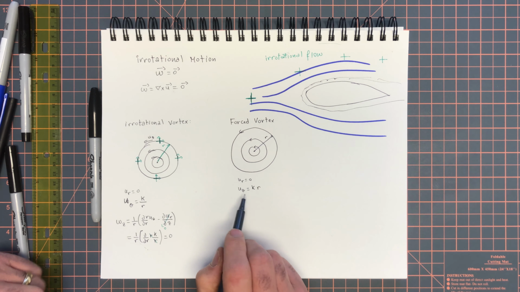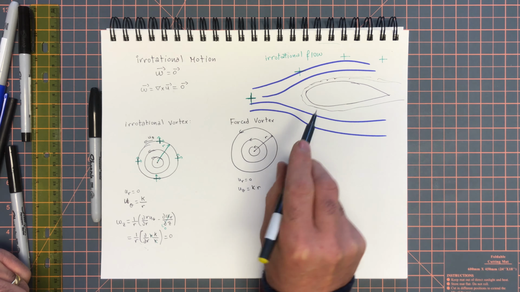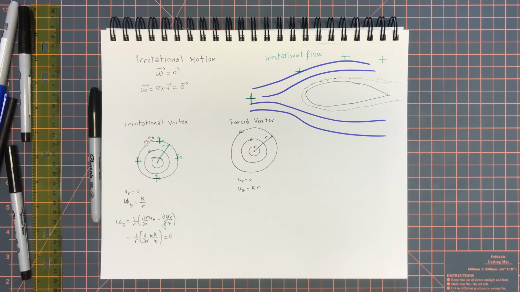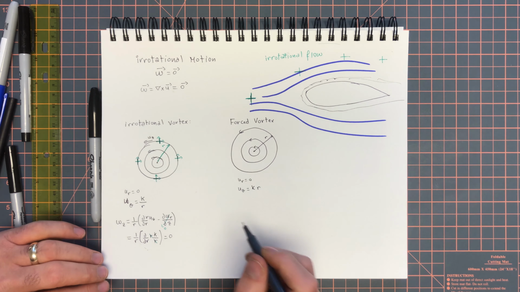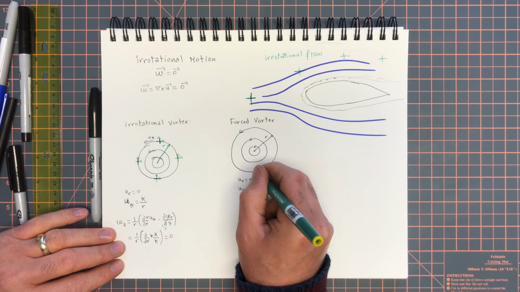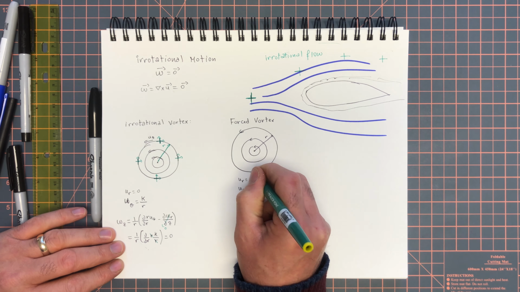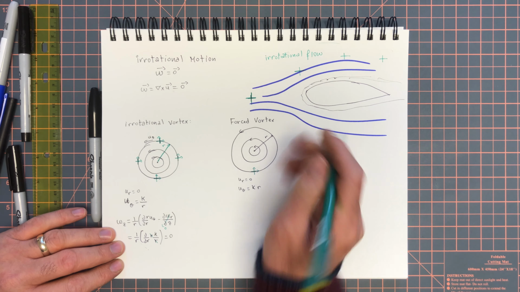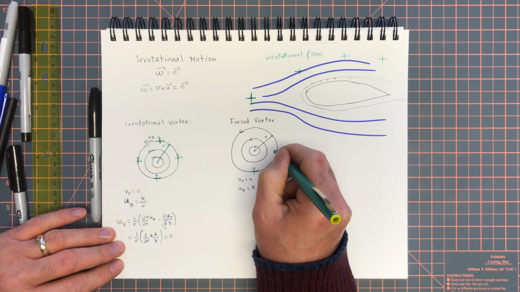In other words, the tangential velocity increases with distance from the center, somewhat like a tank rotating on the outside. In this configuration, you can show that if you put a cross like this, it is going to start rotating.